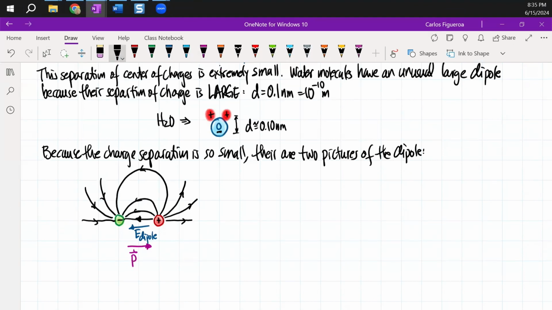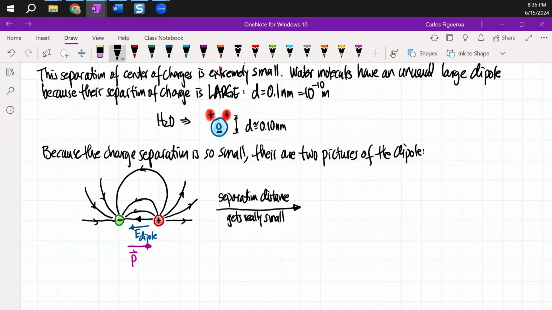Now what happens here is that the separation distance from far away gets really small. So when I start to look at this thing from far away, and by the way, far away doesn't mean infinitely far.